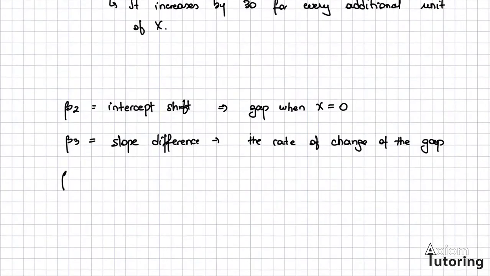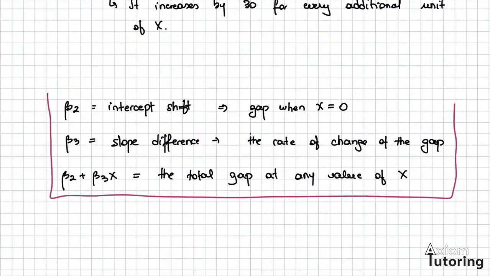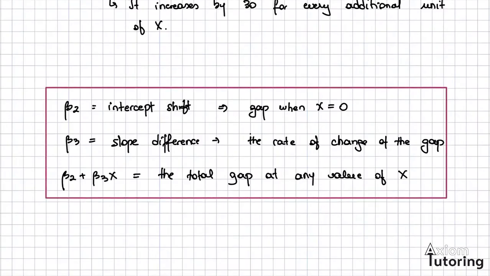And the beta 2 plus beta 3x, that is the total gap at any value of x. Okay? And as usual, this is an important result you need to keep in mind, so I'm going to put this in a box for you so you remember that.